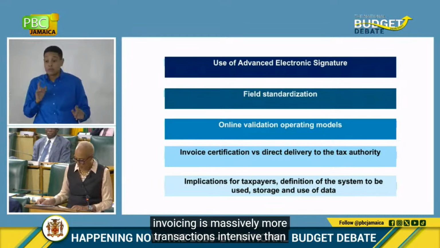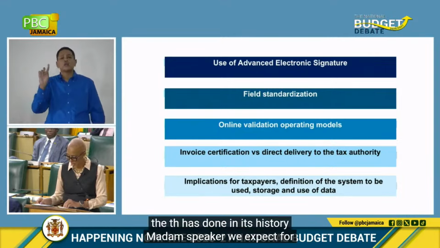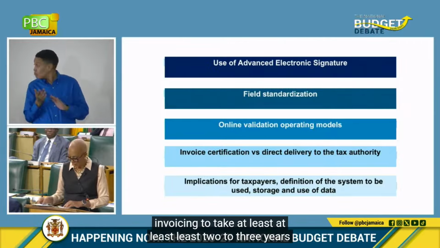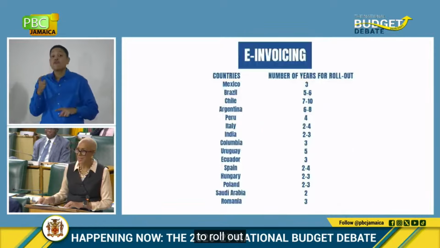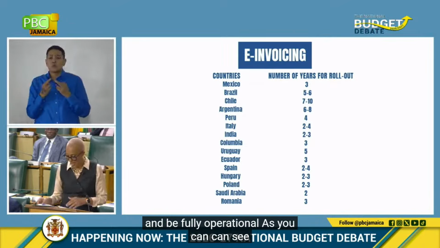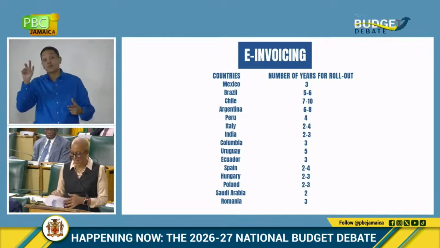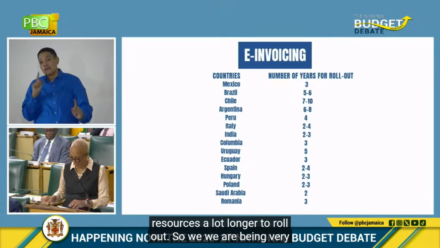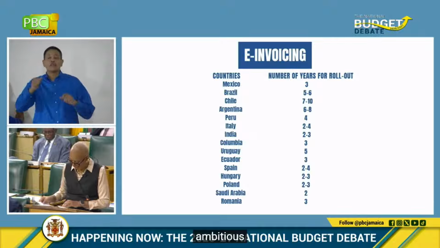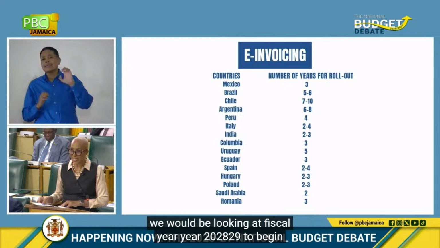Madam Speaker, we expect e-invoicing to take at least 2 to 3 years to roll out and be fully operational. As you can see from the slide, it has taken other countries with more resources a lot longer to roll out. So we are in our 2 to 3 years time frame expectation. So we would be looking at fiscal year 2028-29 to begin to see a working e-invoicing system in Jamaica.